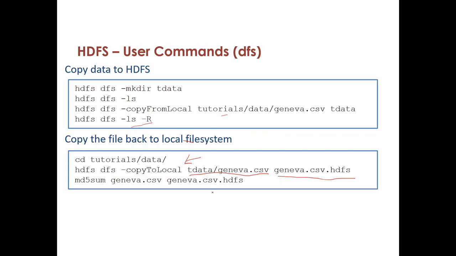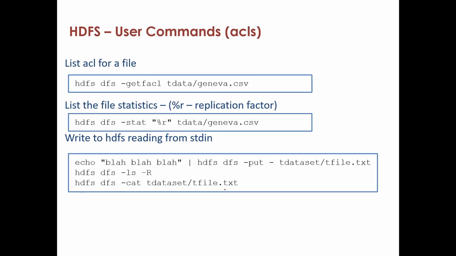And then you can also check whether the data has been copied faithfully or not. You can also get the access control lists. So you can get all the access control lists. You can get statistics like the size of a particular file or replication factor, etc. And you can also write data to HDFS by directly piping it from a program.